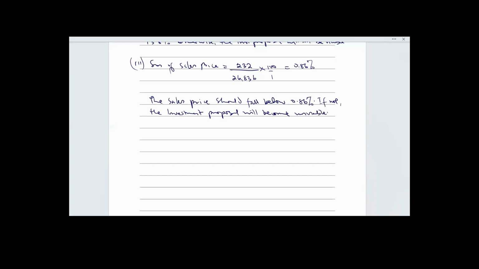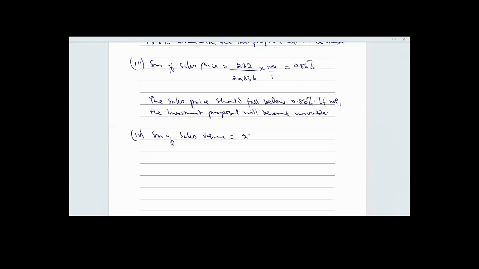That's that. Number 4, according to the question, sensitivity margin of sales volume, which is NPV divided by the PV of contribution.